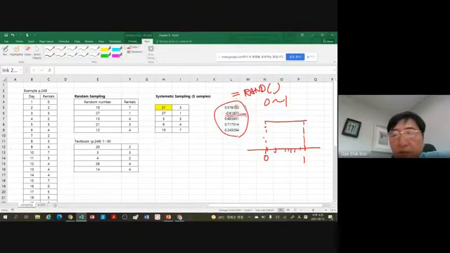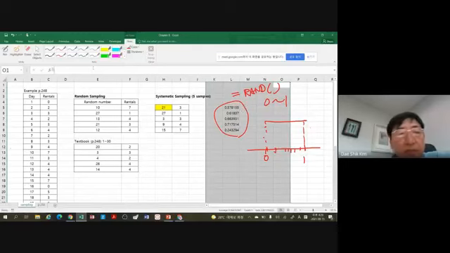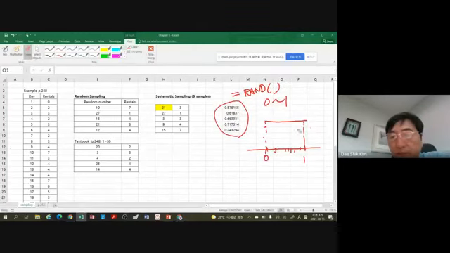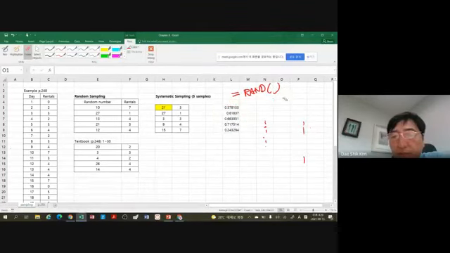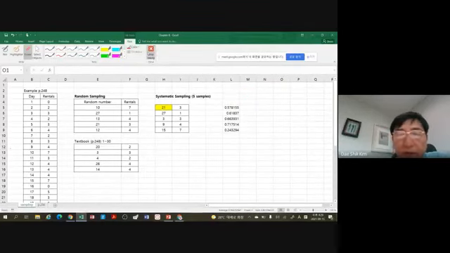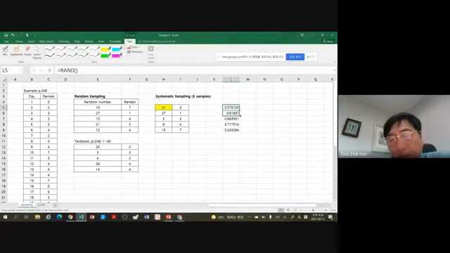Okay, wait a minute. How to change the random numbers: you need to choose this one, and when you change, even copy and paste again, all random numbers change at the same time.